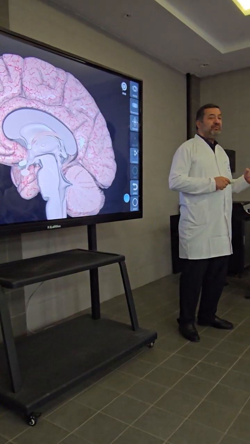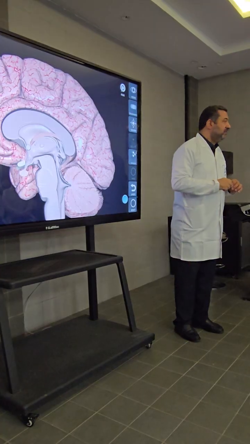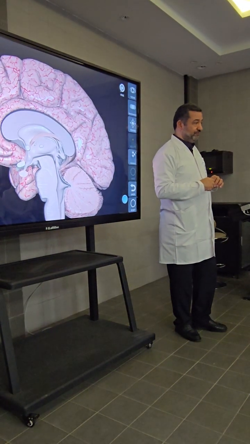If you remember, I told you the medial surfaces of the frontal and parietal lobes are innervated by the anterior cerebral artery.